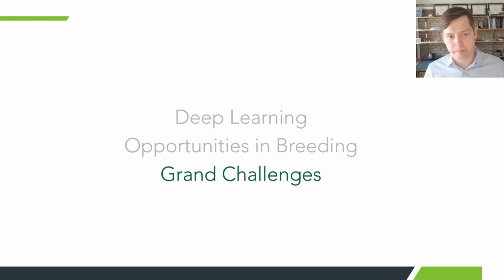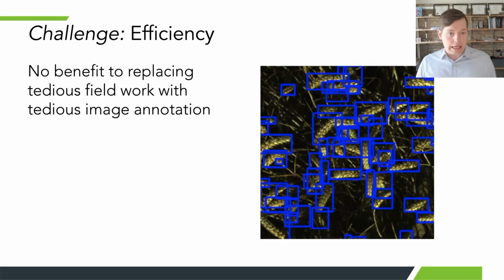If those are the main opportunities, there are a number of important challenges to actually respond to them. The first challenge is efficiency. Efficiency is an opportunity, but also a big challenge. Although deep learning analysis has the potential to reduce the amount of manual inspection of plants in the field, having technicians and breeders walk through fields throughout the growing season, it also typically requires annotated images or data sets to train with.